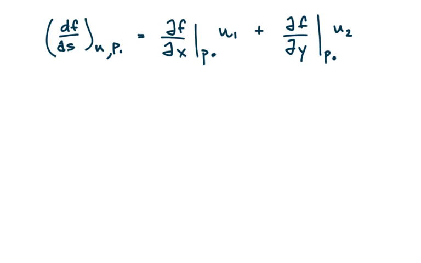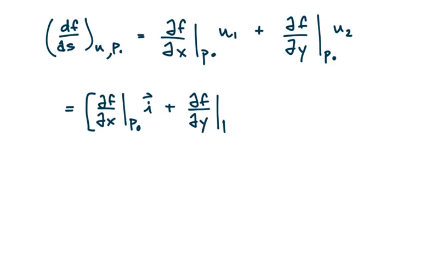So reversing that dot product, we end up with the partial of f with respect to x at p naught times vector i, plus the partial of f with respect to y at p naught times vector j, and that would be dotted with u sub 1 i plus u sub 2 j.